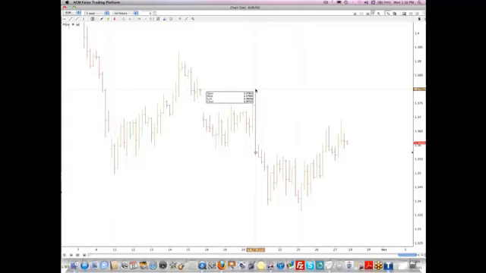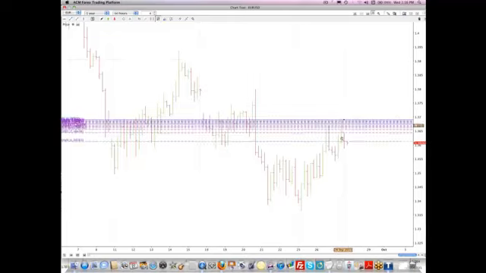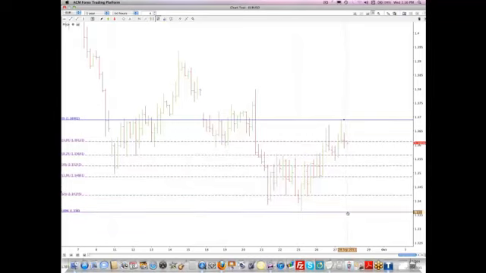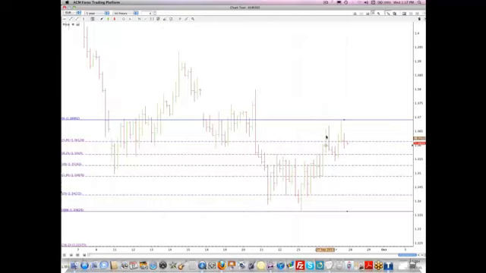We find this price. What's the lowest point in between this price and this price? Well, it's this one. So we want to grab a Fibonacci tool, throw it down. Now we got our basic support points for this leg that we're looking at, the most recent leg.